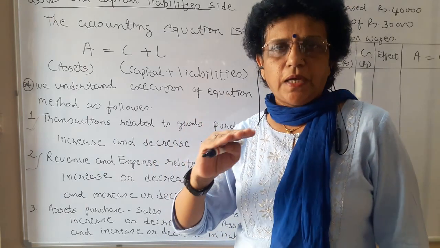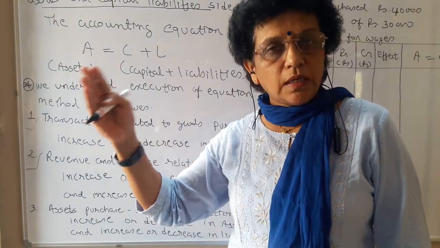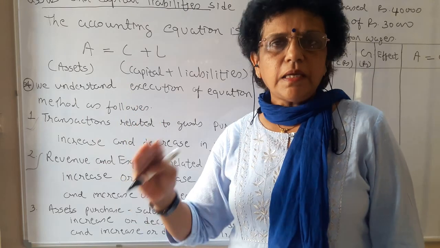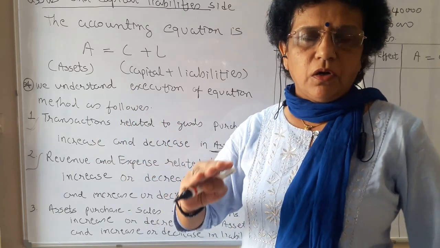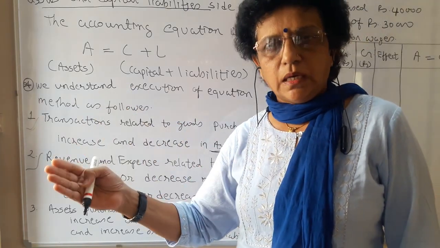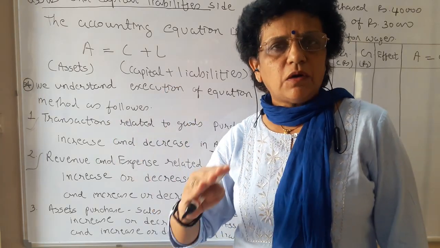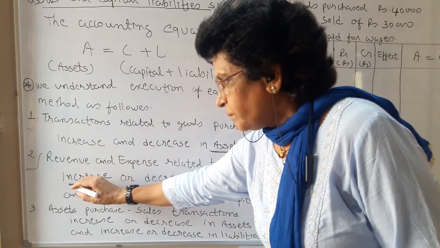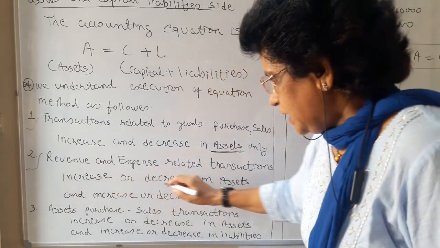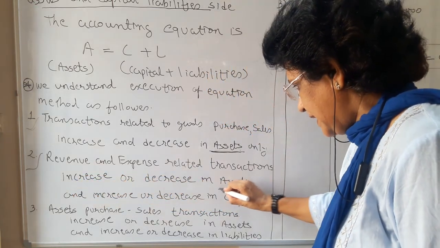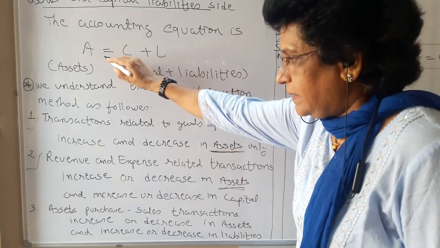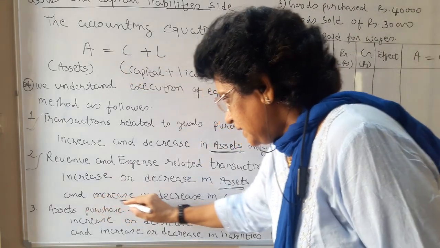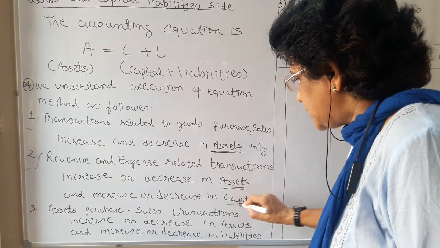And the second effect will affect the capital, because ultimately the profit or loss is borne by the owner. So capital increases or capital decreases. So here in these transactions, the first effect will be an increase or decrease in asset, that is on the A side, and the second, an increase or decrease in capital.